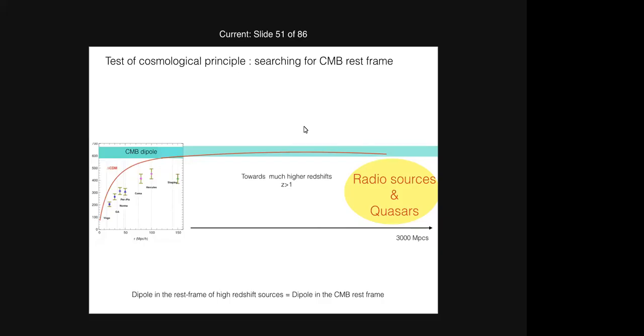But there are powerful sources, and those are radio sources and quasars. We have surveys that cover quasars and radio sources, at gigaparsecs, at redshifts bigger than 1. Would it not be nice to use these sources to test the cosmological principle?